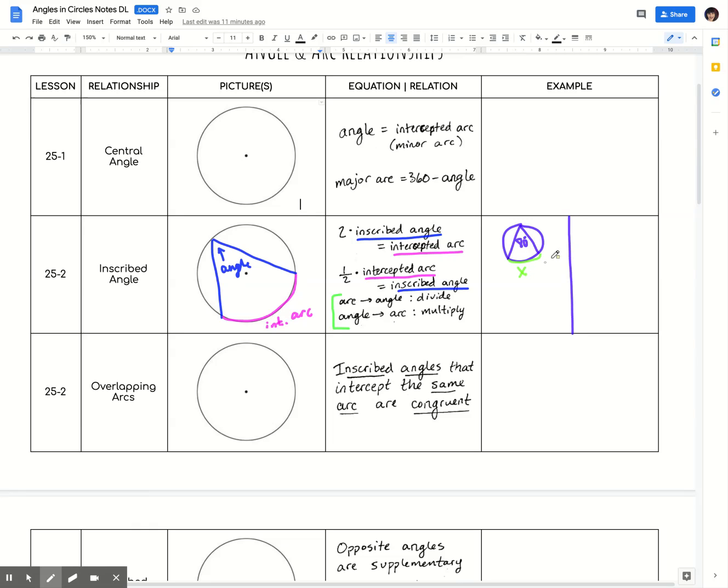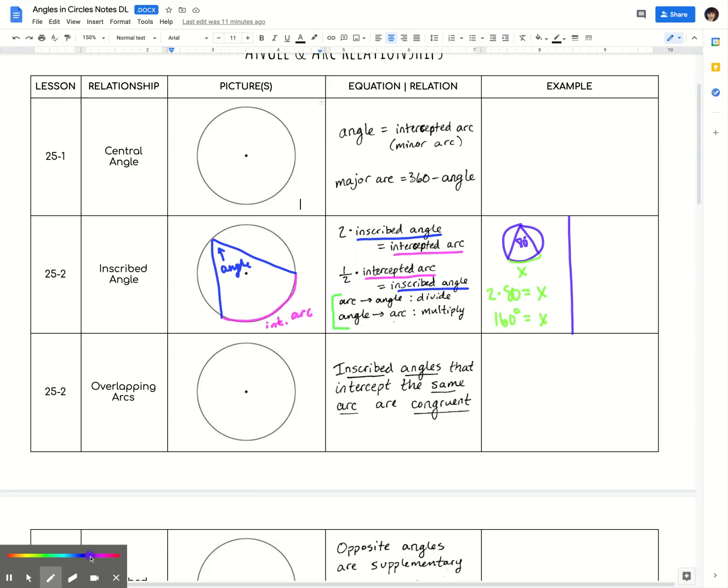So that's x. Well, x is the arc and 80 is the angle. So my rule is 2 times the angle, which is 80, has to equal the arc, which is x. So that means my arc is 160 degrees. It really is that simple. Don't make it more complicated than that.